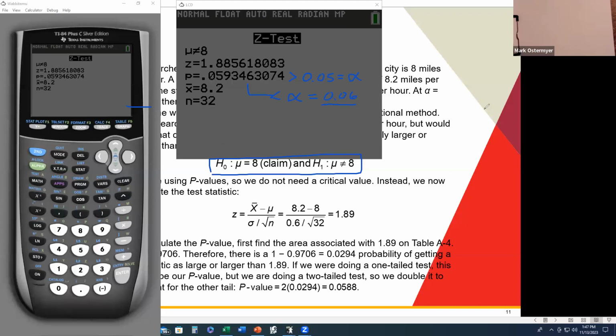So the bottom line is, it really doesn't look like the claim is being supported overwhelmingly by sample evidence here. It's not being supported. Granted, if you lower your level of significance all the way down to 1%, you cannot reject. You cannot reject at 4%. You can't even reject at 5%, but you can reject at 6%.